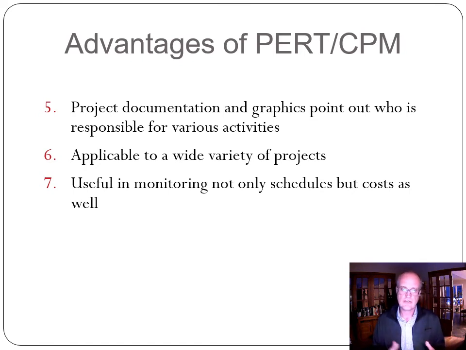It also allows you to document who's responsible when and who is deployed when and where. So it becomes a very strong visual and shared vision for the project. As I said, it's very flexible and applicable to a wide range of projects, and it's useful not only in planning the project, but also in benchmarking or monitoring a project to make sure things go well.